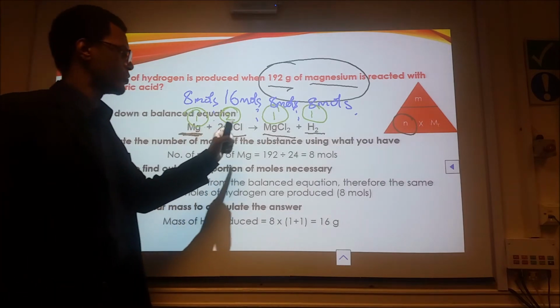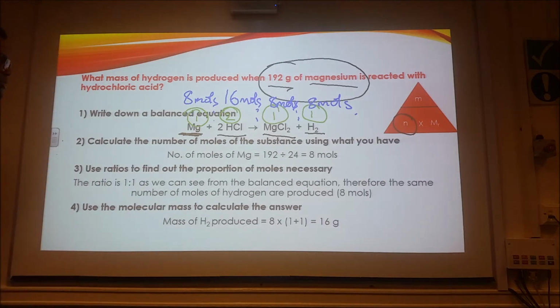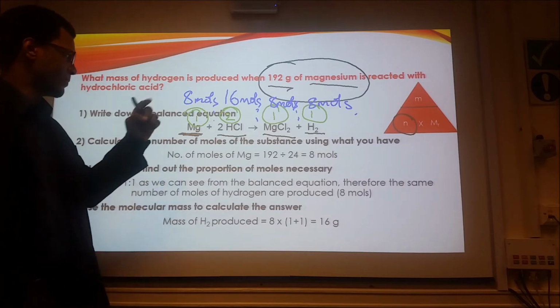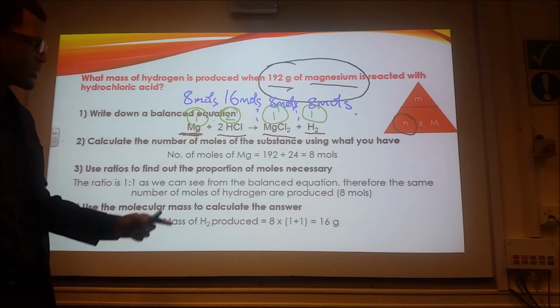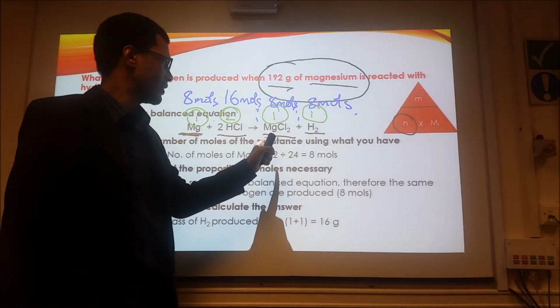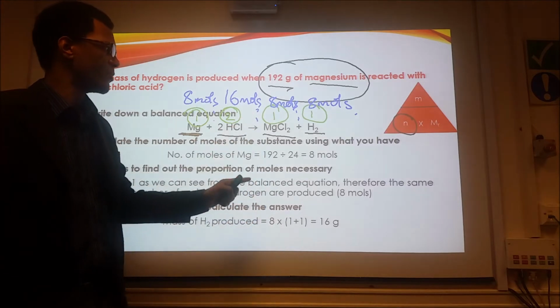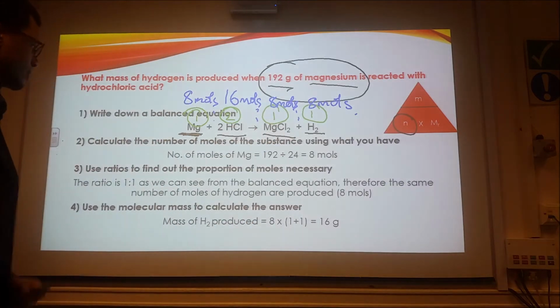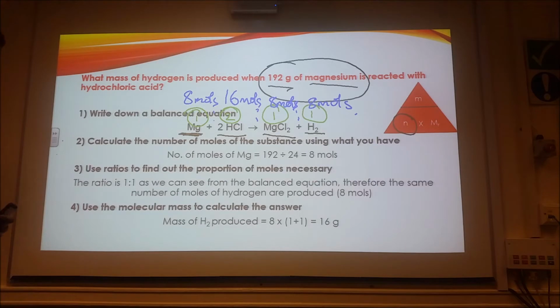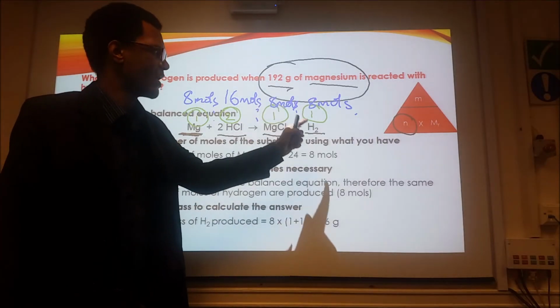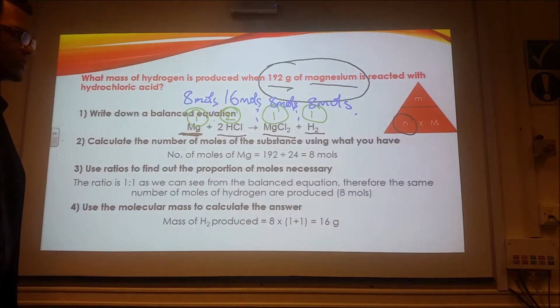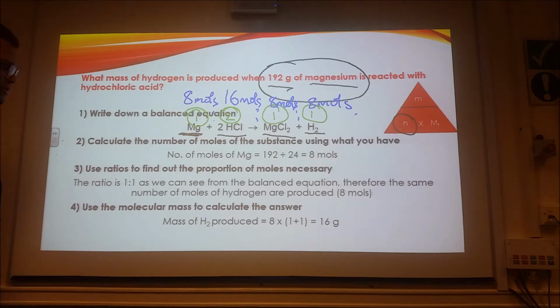If I know that I have 8 moles of this, this one, because it's got 2 in front of it, would be twice that, and this one here would have that invisible 1, so it's 8 moles, and this one is also 8 moles. So, as we can see, if I have 8 moles of magnesium, that will also mean I would have 8 moles of hydrogen produced. And what does that mean?